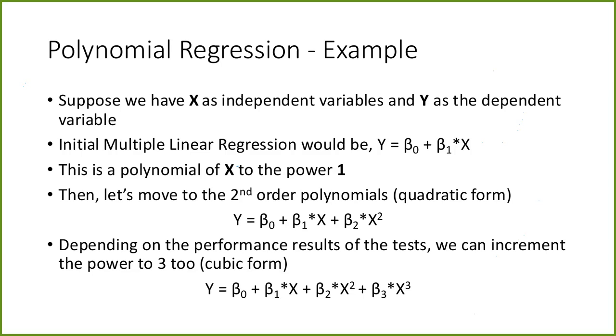But make sure that when you add too many polynomials with higher degrees, you would have a problem known as overfitting. We will be discussing these issues in future. But for the moment, you should not be adding too many degrees.